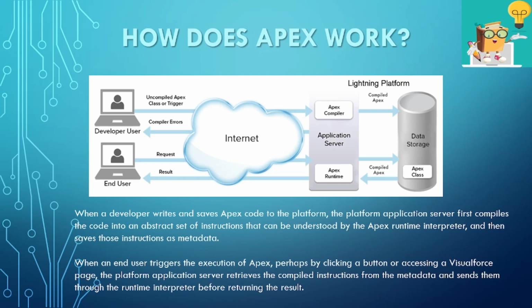So this is how Apex works in the system. As an end user or as a developer, you will not see much difference when executing it. It's just how Salesforce is processing it in the backend.